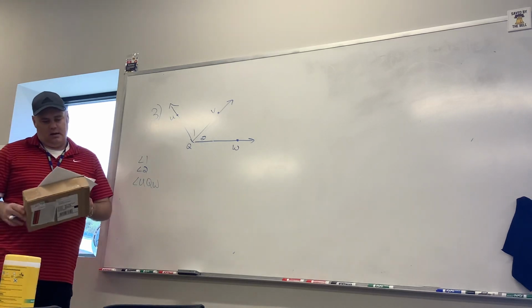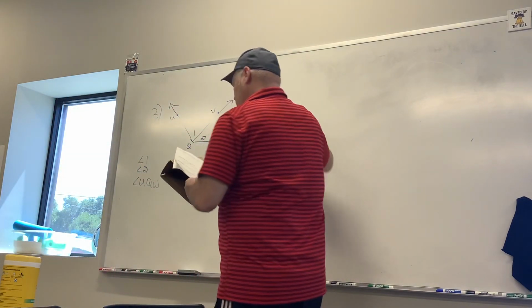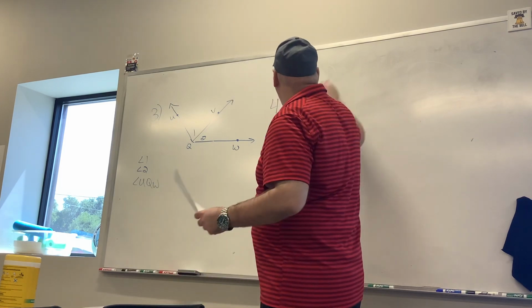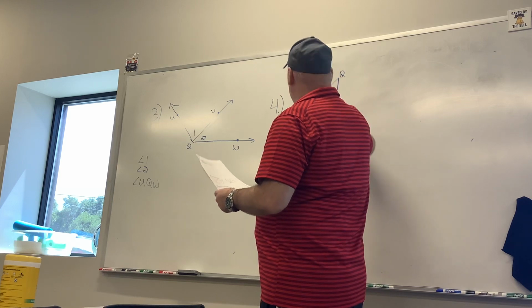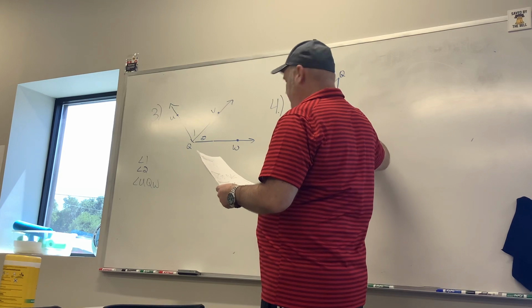Okay? Number 4. Same thing, but now it's kind of turned a little bit. It's facing this way, but it's really the same problem, just different letters, and it faces a different way.